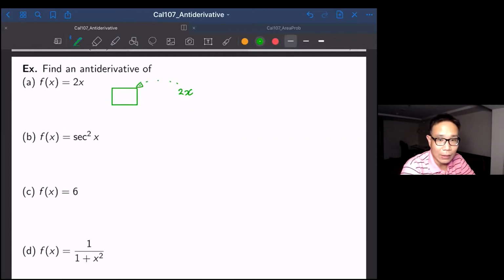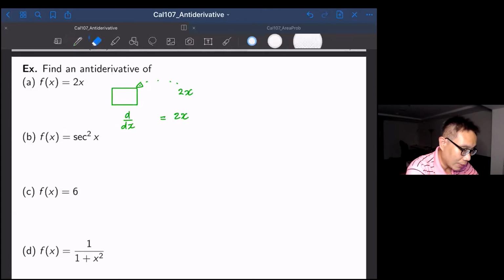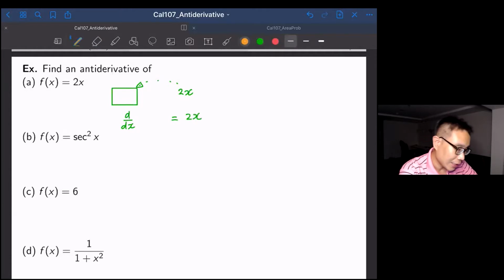You answer that it's just x squared, since the derivative of x squared equals 2x. So you're going to just have x squared.